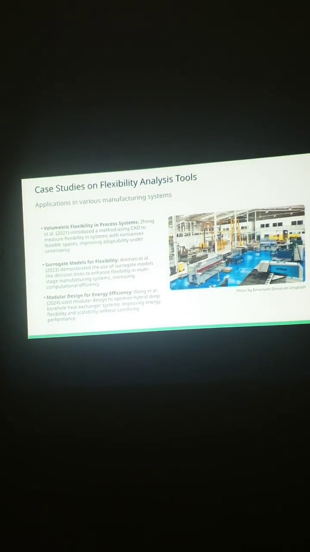Surrogate models for flexibility: Amari et al. demonstrated the use of surrogate models like decision trees to enhance flexibility in multi-stage manufacturing systems, increasing computational efficiency. And modular design for energy efficiency: Wahl et al. used modular design to optimize a hybrid deep borehole heat exchanger system, improving energy flexibility and scalability without sacrificing performance.